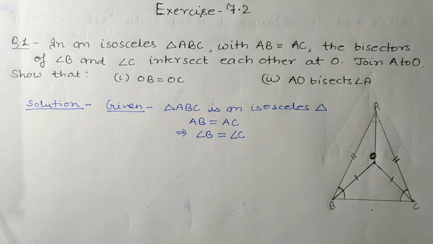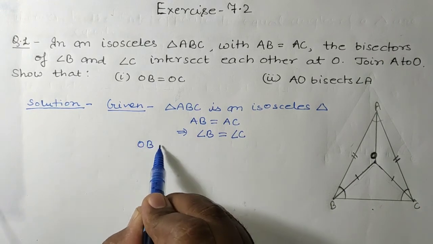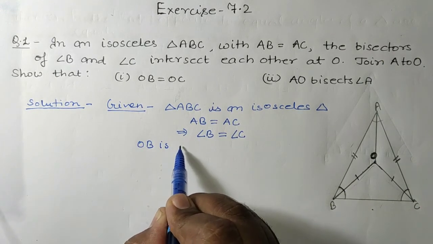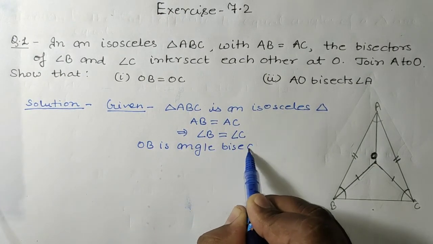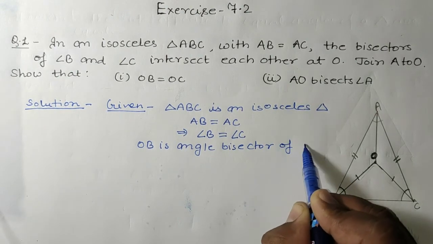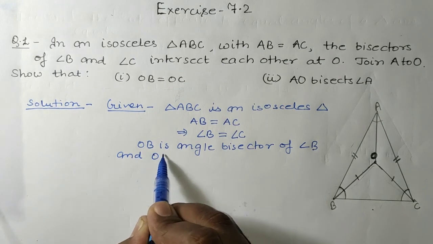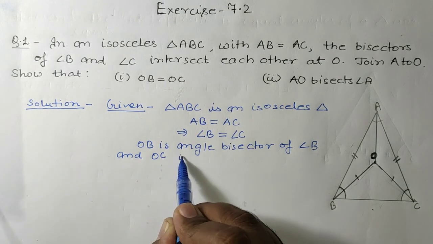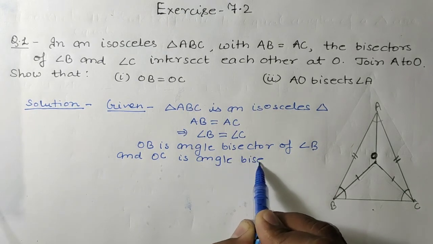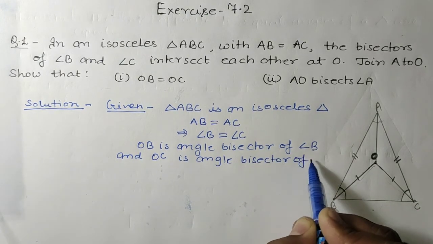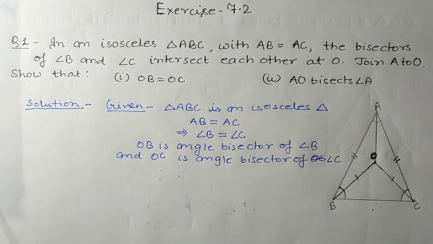So students, it is also given that OB is the angle bisector of angle B, and OC is the angle bisector of angle C.